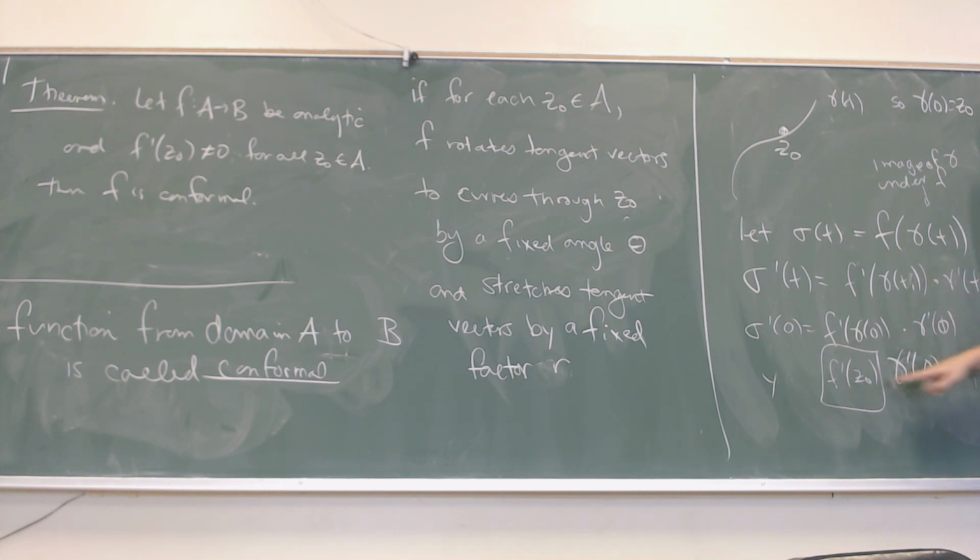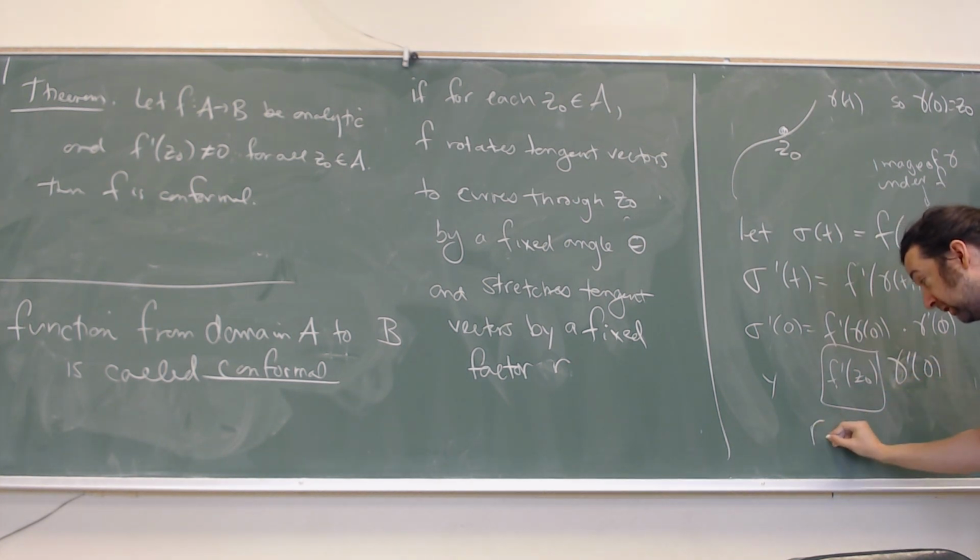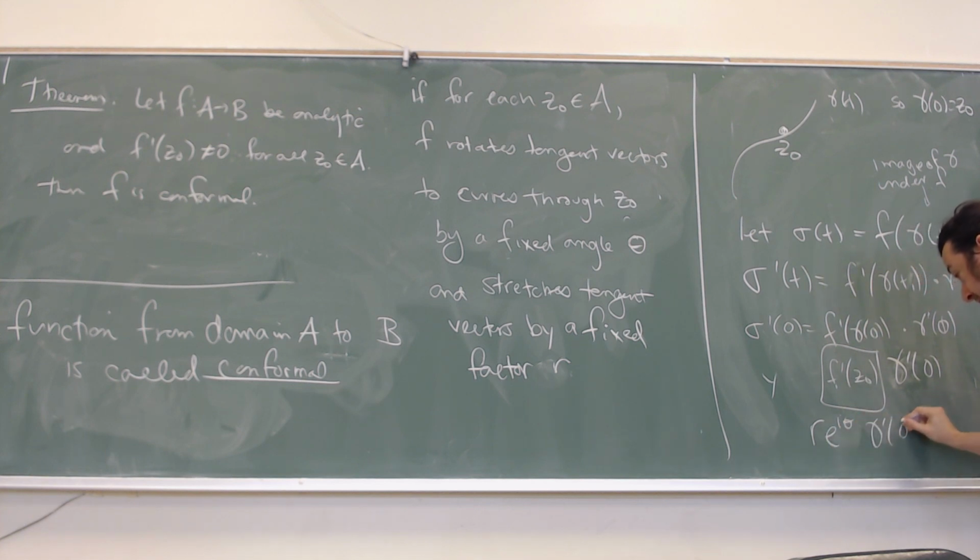The chain rule says that evaluated at 0, we get the derivative of gamma, which is the original tangent vector, multiplied by a fixed complex number, f prime of z naught. And f prime of z naught can be written r e to the i theta times gamma prime of 0, and that's where the stretch factor comes from, and that's where the rotation comes from. So the derivative of f is what controls how this rotation is happening.